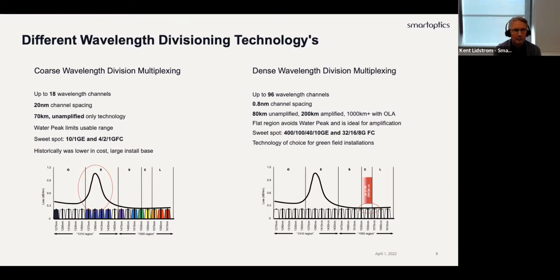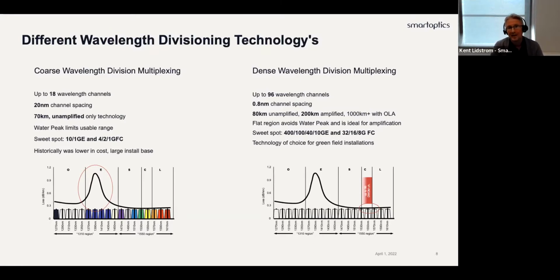It has 20 nanometer channel spacing, and you can have up to 18 channels. Most of the system vendors avoid the area around 1390, where you have the water peak in normal fiber, so you will have a very high loss in that area. So most systems use 16 channels, with a gap in the middle for the two other wavelengths.